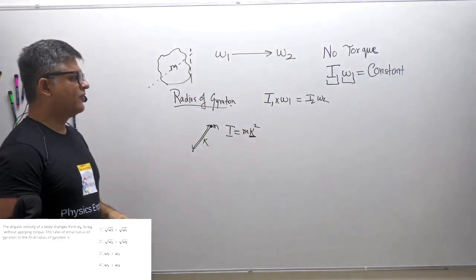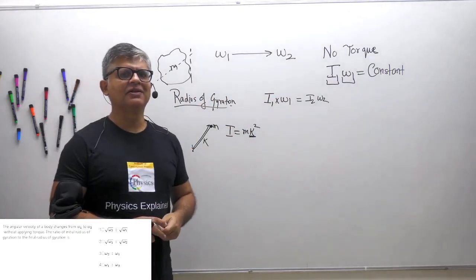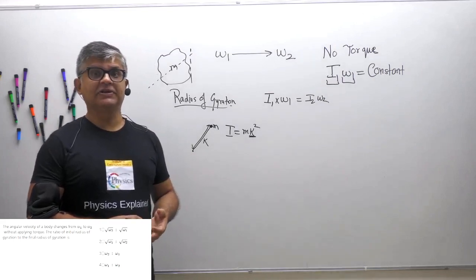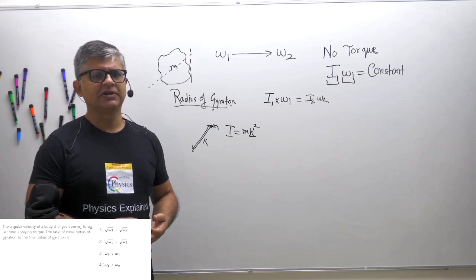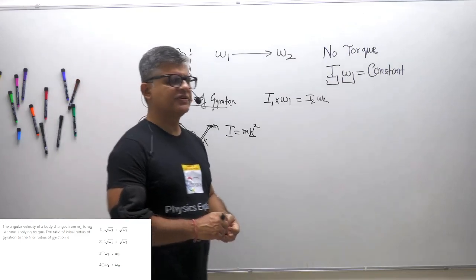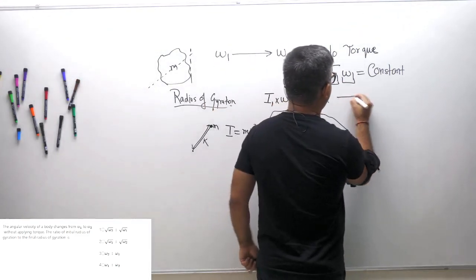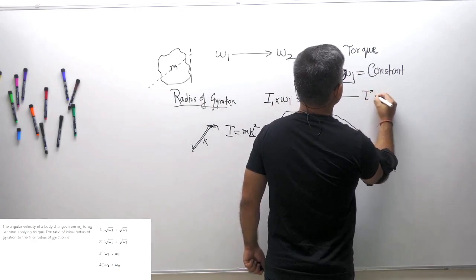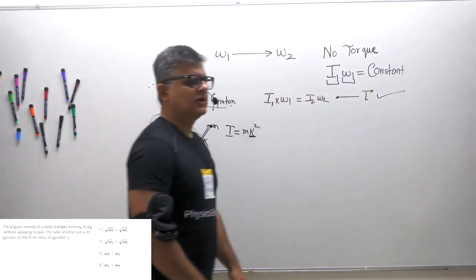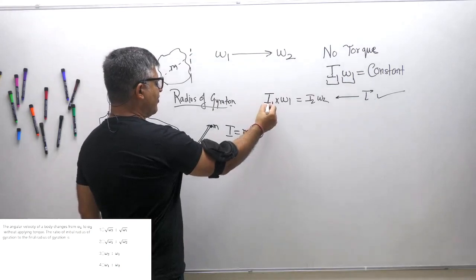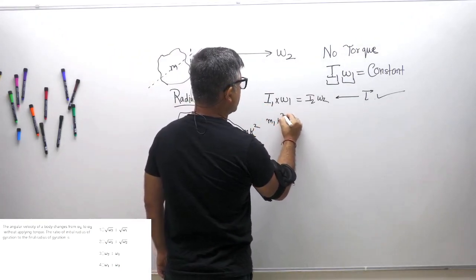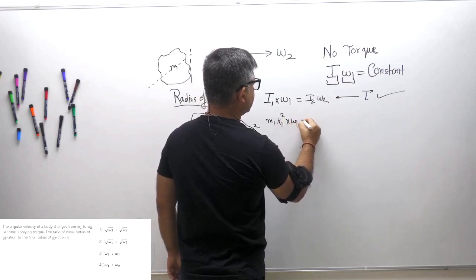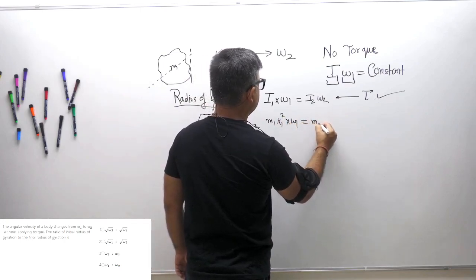You have done something, but you have not applied external torque. If you apply external torque, omega will change, but you will get angular acceleration. Here we have to use the law of conservation of angular momentum. So L remains conserved, right?